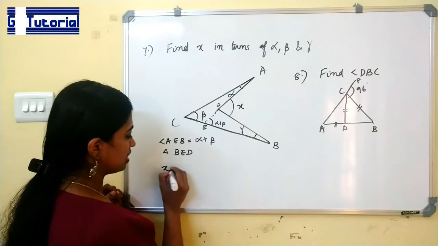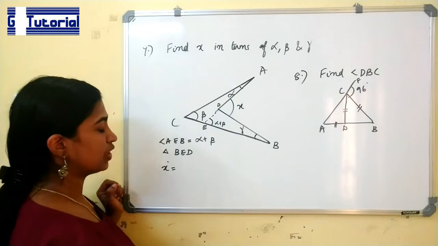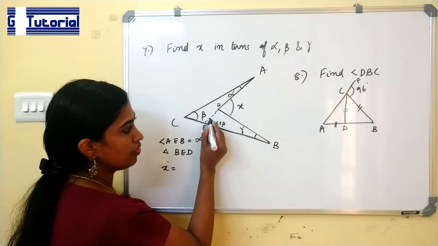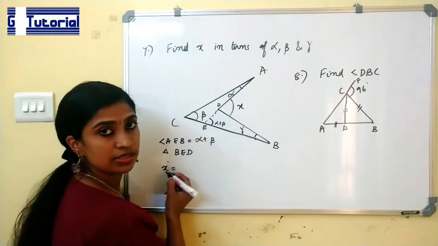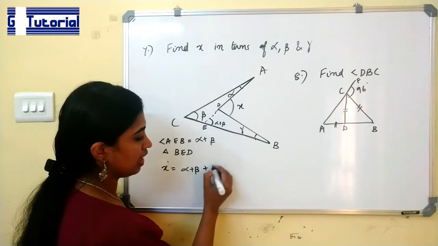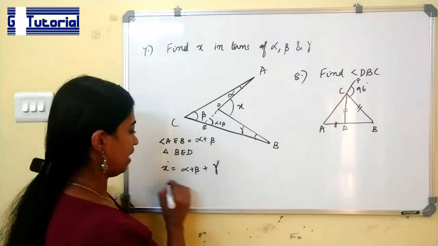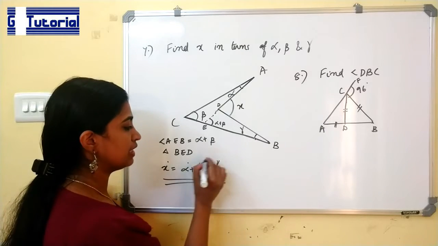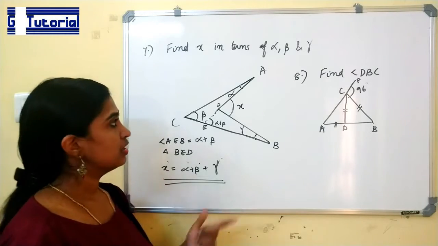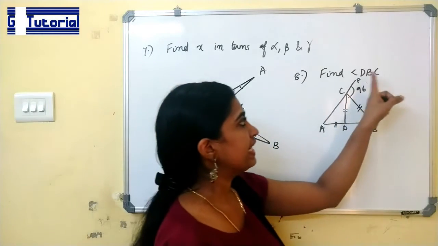So the value of x is equal to the sum of interior opposite angles, that is, the sum of these two angles. Alpha plus beta is one angle and gamma is the other angle. So the value of x is alpha plus beta plus gamma. This is what we are asked to find. Next question. Find angle DBC.